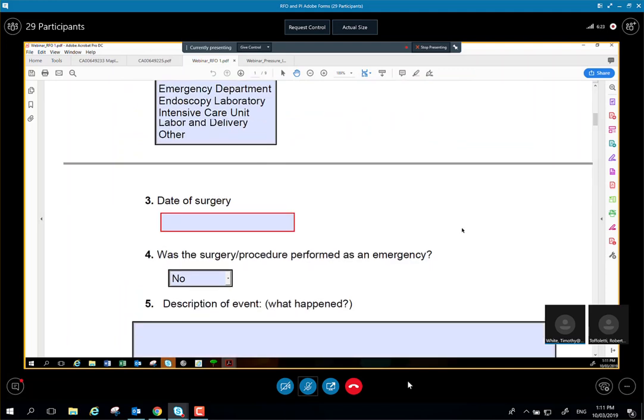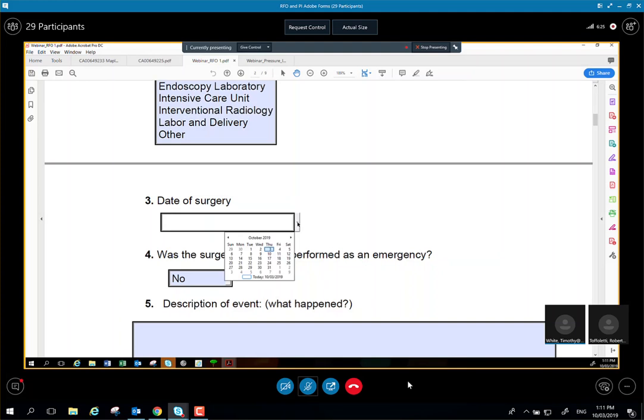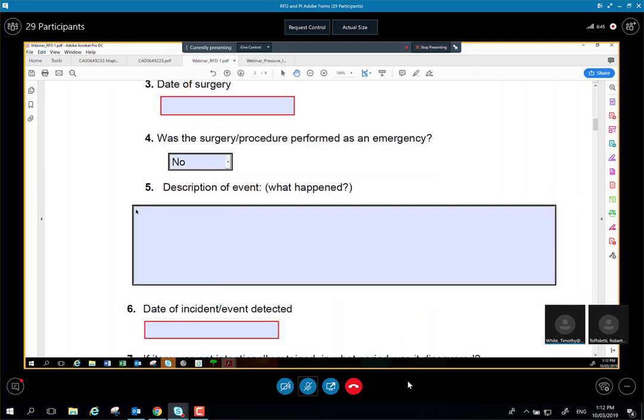And you have a pop-up calendar. I will tell you right now that we're looking at changing this because on the tablet screen, that calendar is very tiny and hard to see. So we may change this to a free-form date entry instead of a pop-up. Was it an emergency? And a description of the event.